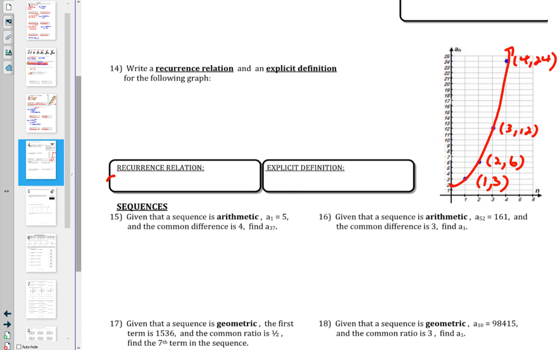So the recursive definition is 3, and every number that comes after is the number that came before it times 2. So the explicit definition would be the first number, which is 3, times 2 to the n minus 1. And they're not asking us to find anything out there.